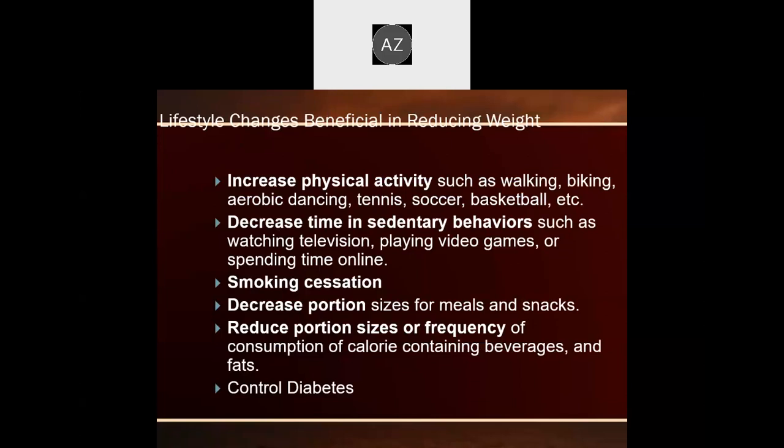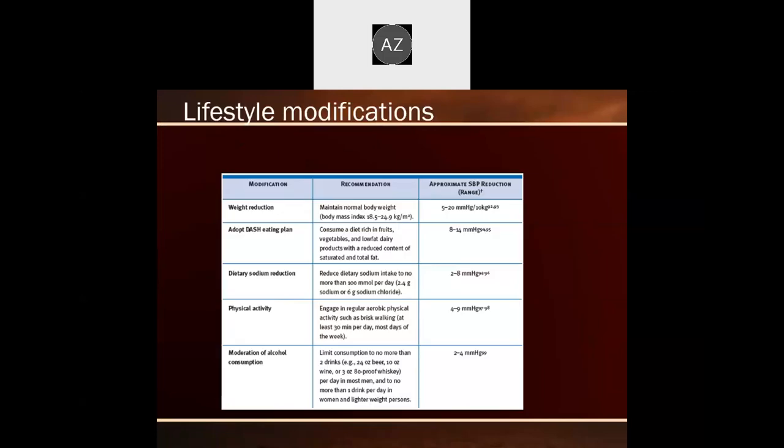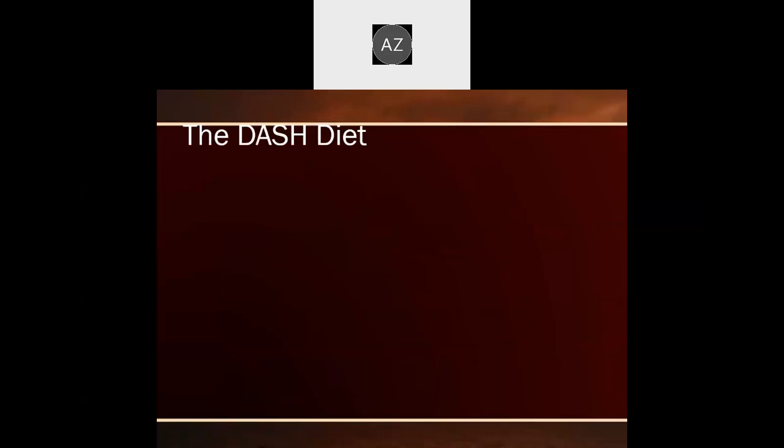And then you need to control diabetes for diabetic patients. And with this DASH diet that we've spoken about, you need to take food rich in fruits, vegetables, low fat, and all that. That's very, very important, and high yield.